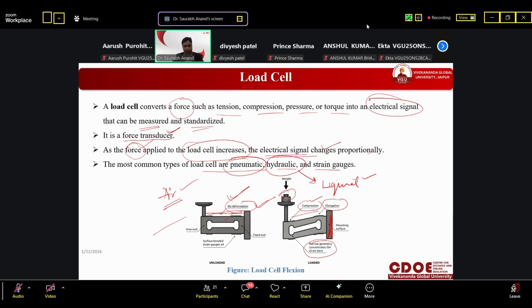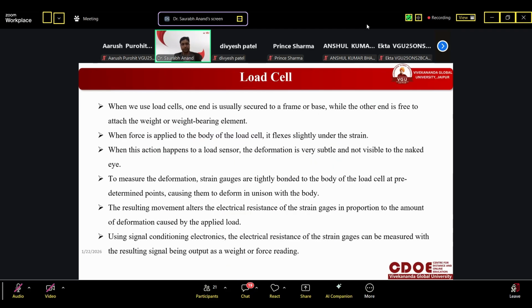You can observe these things when the weight is put on it. The force is applied, weight is force. Accordingly, there will be expansion and elongation in the metal, and compression can be seen there. So depending upon weight, it will be compressed more and more. Got it?